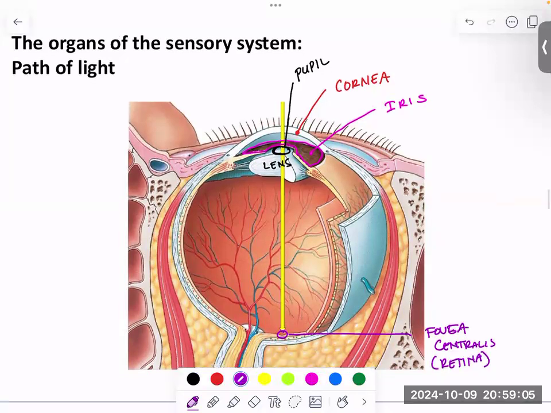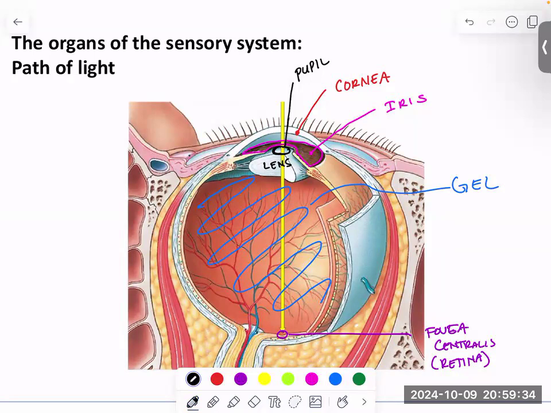One fun fact, and you guys are going to be like, this is gross next week, and I think it's the coolest thing. This is filled with like a clear jello. When you cut the eyes open, it's going to be full of gel. It's called the vitreous humor, not important for lecture. But if you see those little floating squiggly lines every now and then, you're like, what the heck are those?